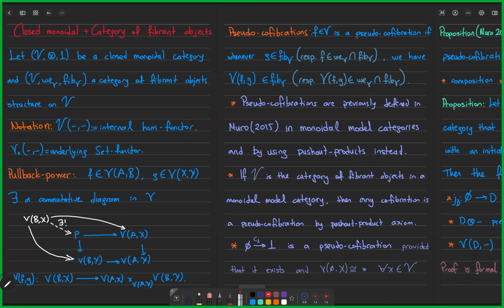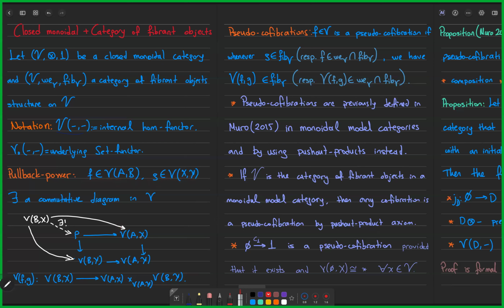And for closed monoidal categories, it is equivalent to the pullback power axiom. So what is the pullback power? If we have a map from A to B and another map from X to Y, then we construct the pullback power of F and G.